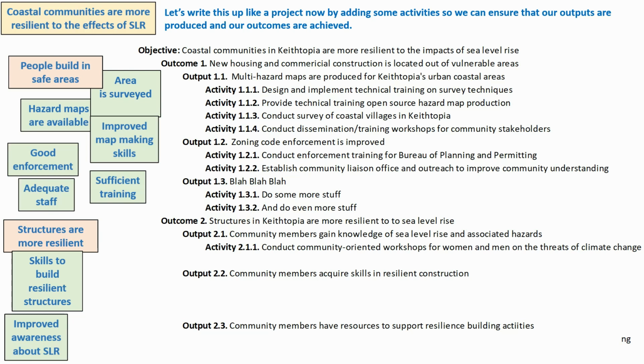And so we're going to say that the workshops are conducted for women and men. That makes us think about the way that the workshop is set up. We don't want the workshop to be planned for a time when women have other duties, maybe if women are responsible for cooking meals at home, or for taking care of the children, taking them to school or picking them up from school.